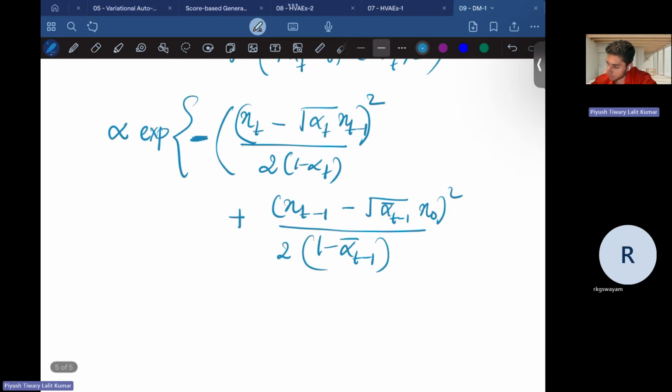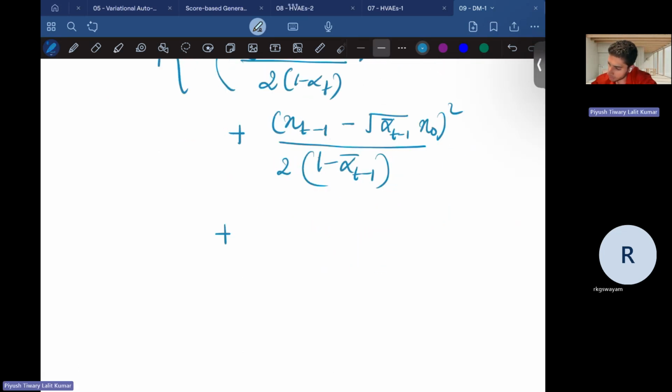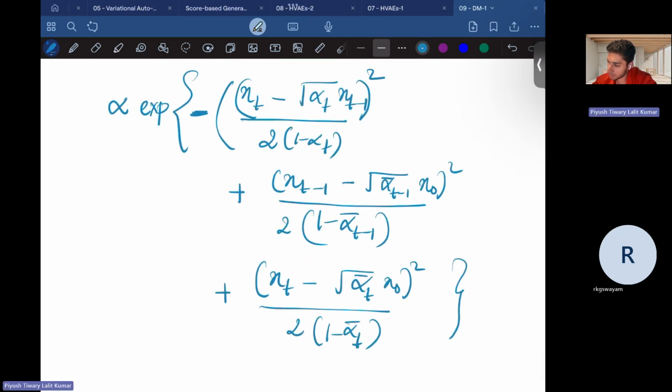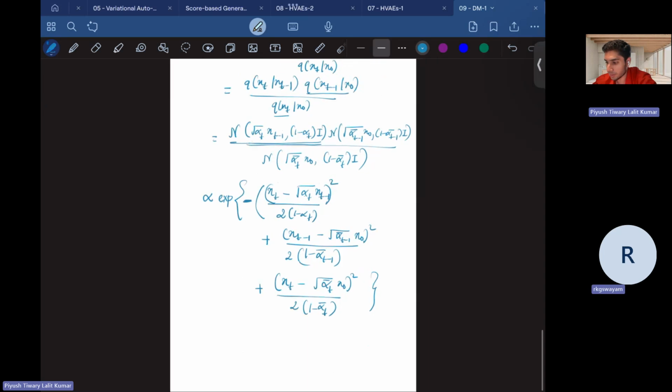Plus similarly, for xt: xt minus square root of alpha t bar x naught whole square divided by 2 times 1 minus alpha t bar. Is this fine? I have just written the 3 terms that are of our interest. Nothing fancy.